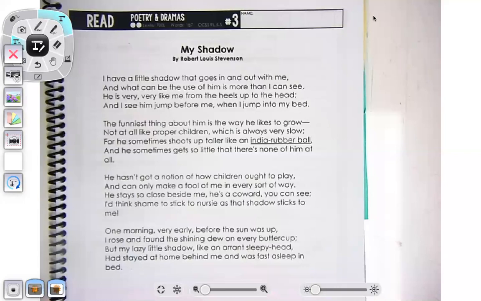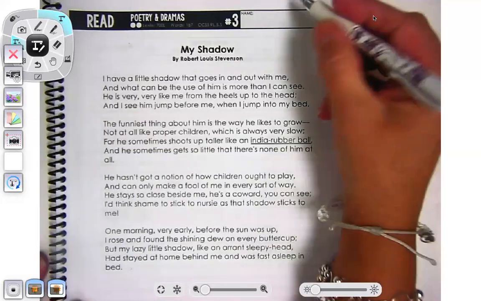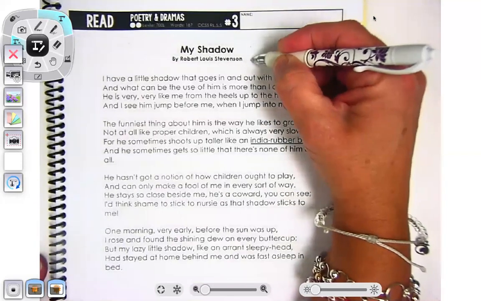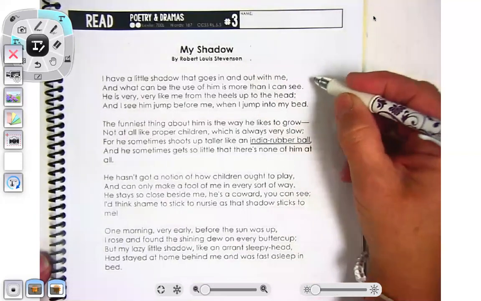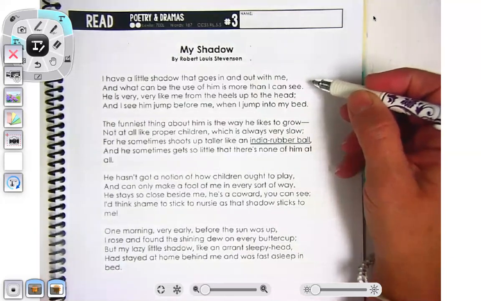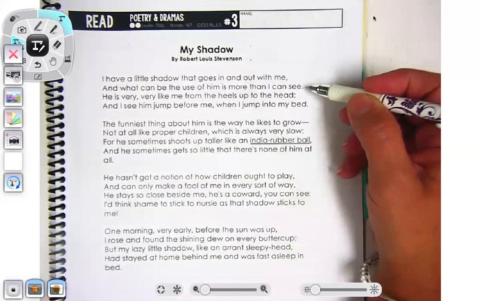I wonder what happened to him in the end. What do you think? So as we look at this poem, let's break it down a little bit. Up here at the top, we have our title. Then we have the author. And then we go into different stanzas. A stanza is a series of lines, and it's the way poetry can be organized.